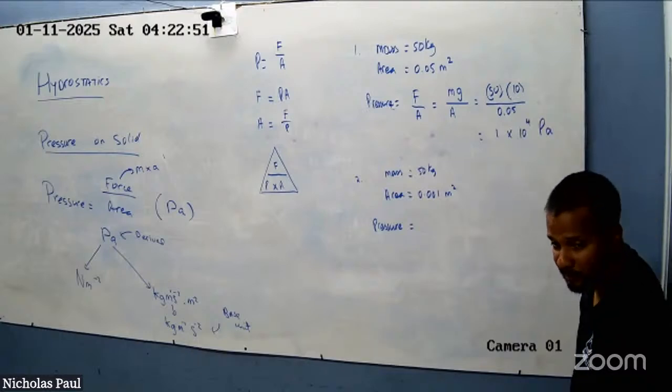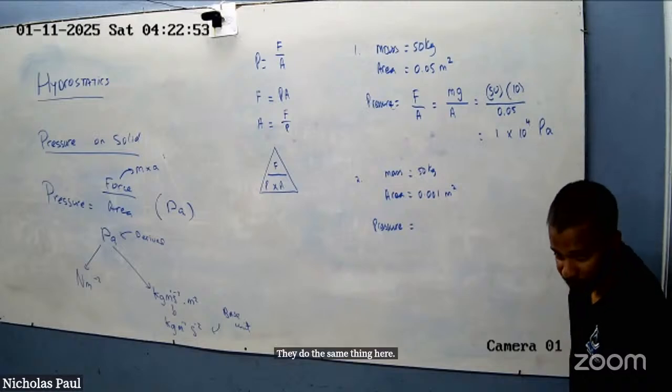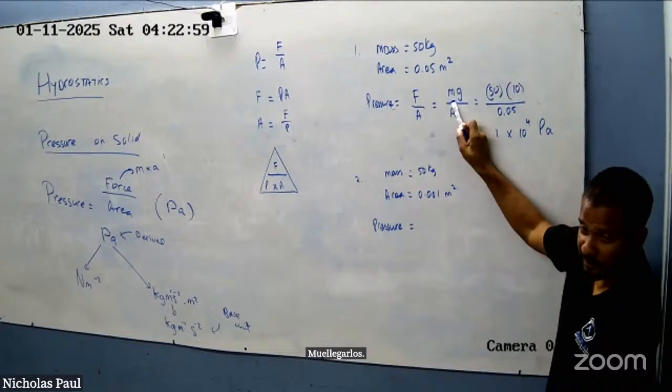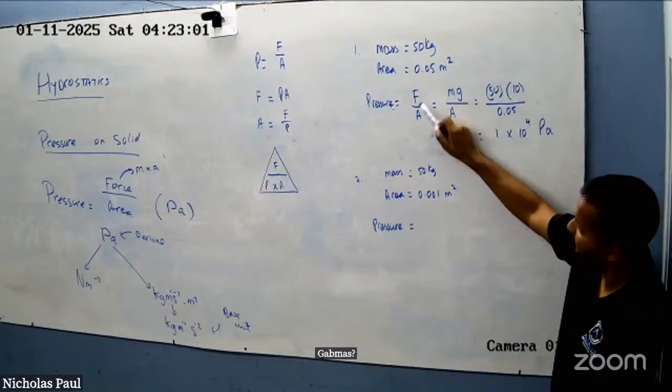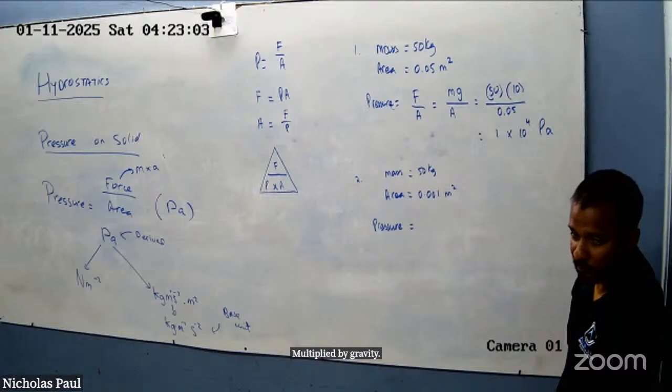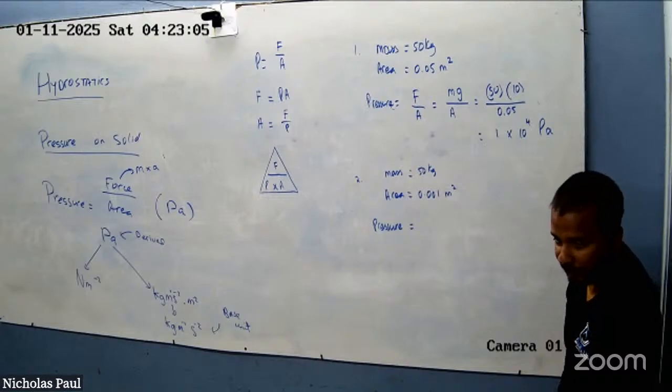Where did you get lost? You have mass multiplied by gravity. That's the force. And then divided by area.